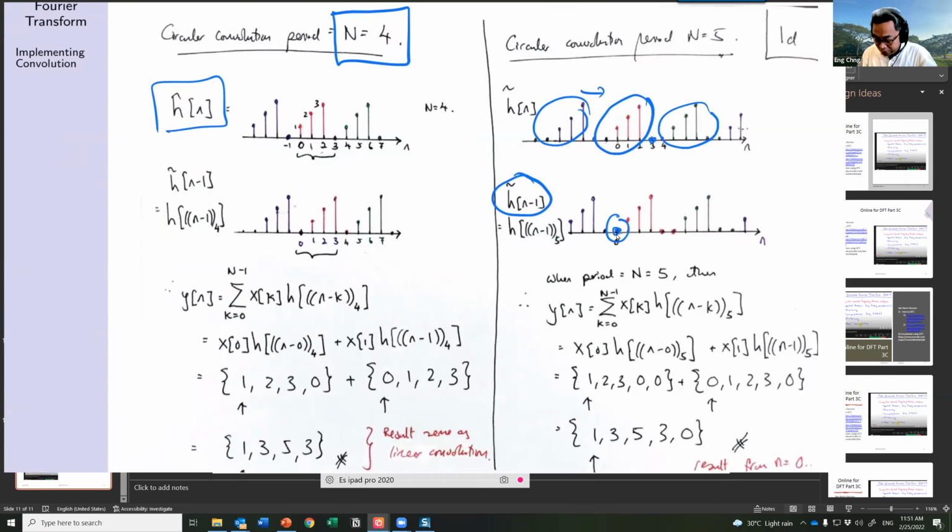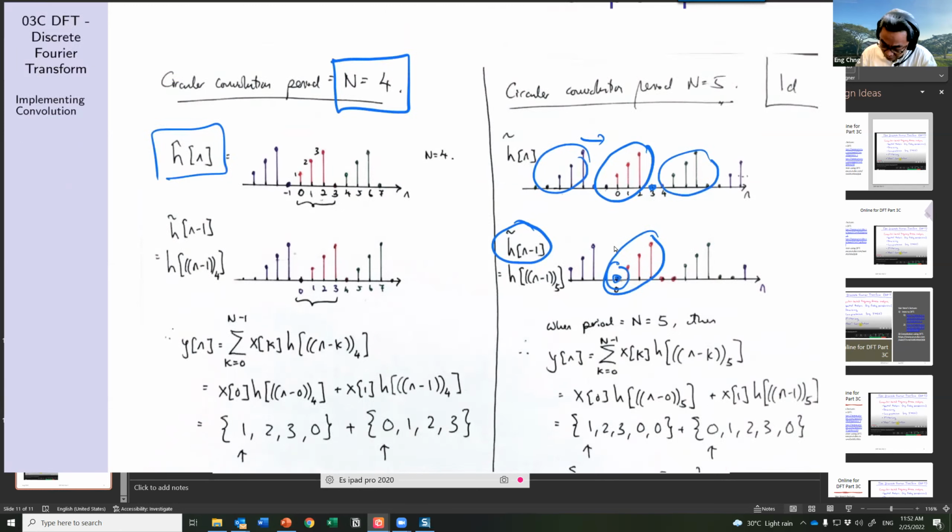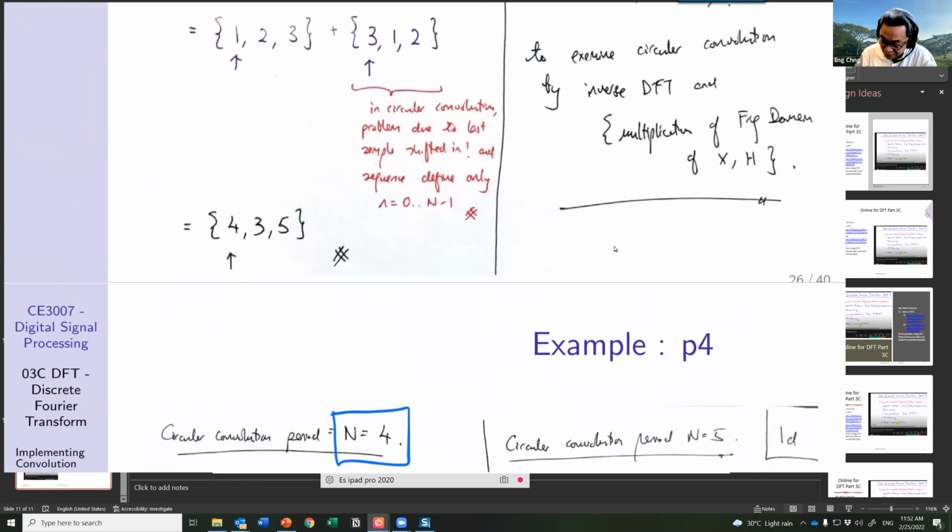Isn't this what we want? If you remember, when we are doing Hn minus 1, we're pushing 0 onto the left-hand side. So by this clever idea of 0 padding, we now can realize linear shifting on a circular shifting problem. Okay, that's the trick. You can read what we have just done in these last few slides.